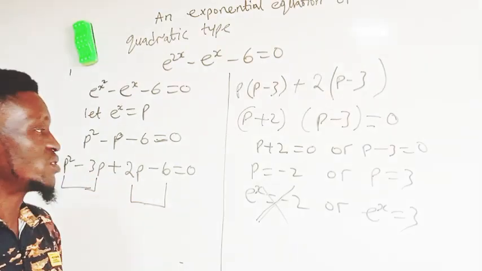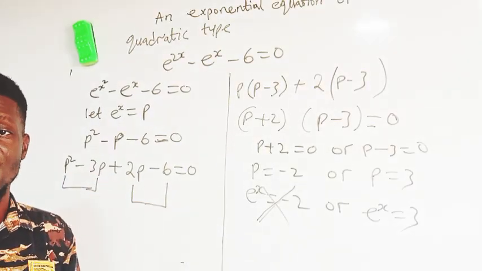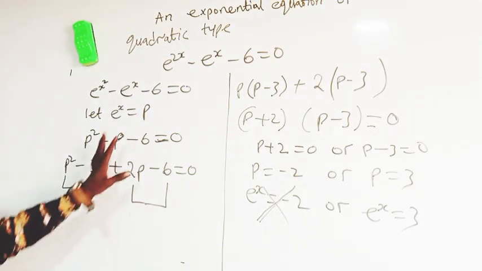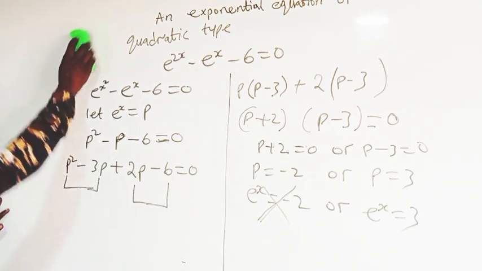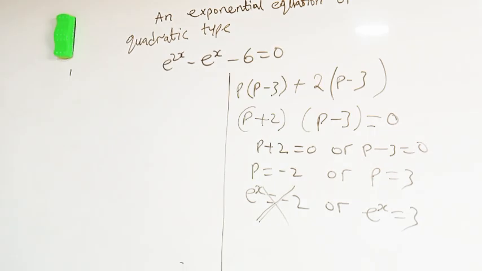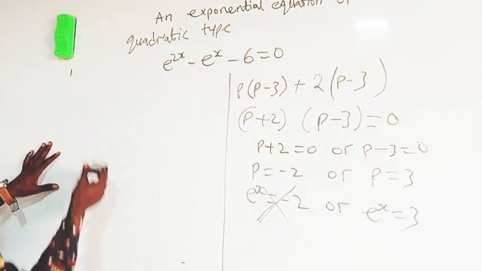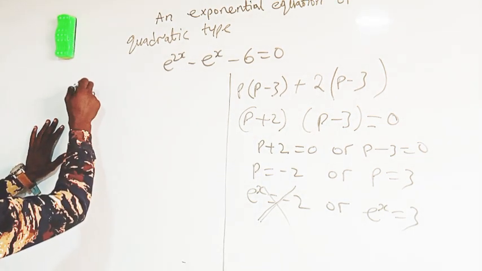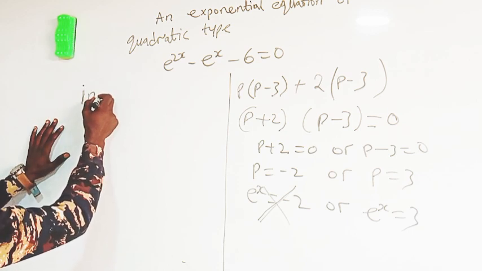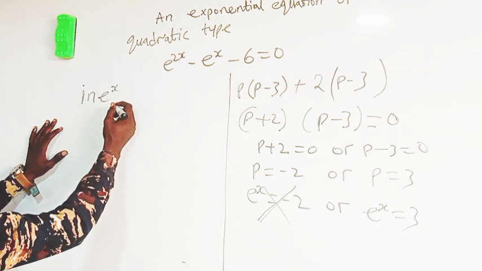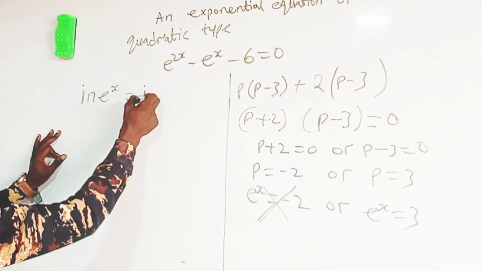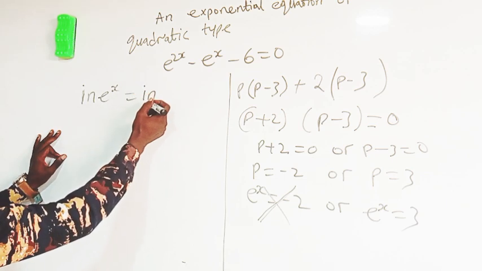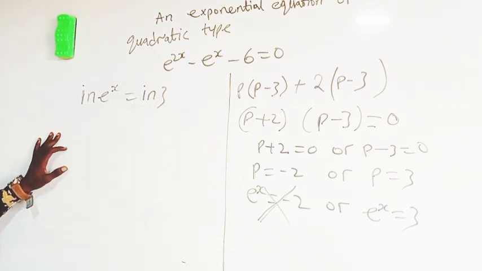So the first thing is to take the natural logarithm of both sides. If we take the natural log of both sides, you're going to have natural log of e raised to power x is equal to natural log of 3.